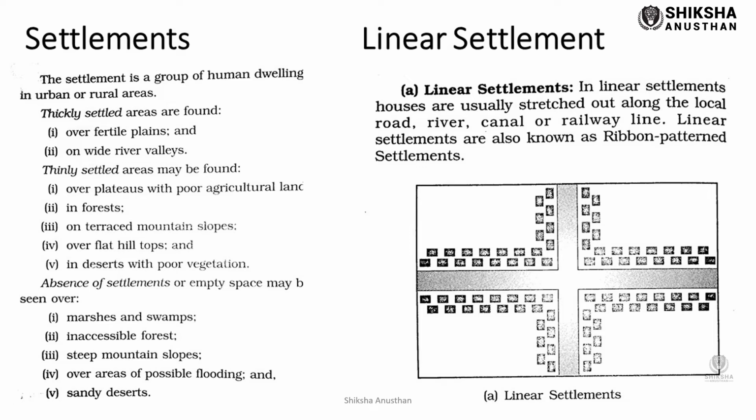Now coming to the first type of settlement, that is linear settlement. In linear settlements, houses are usually stretched out along a local road, river, canal or railway line. Linear settlements are also known as ribbon patterned settlements. As you can see, all the houses are linearly arranged along the road or railway line going through the place.